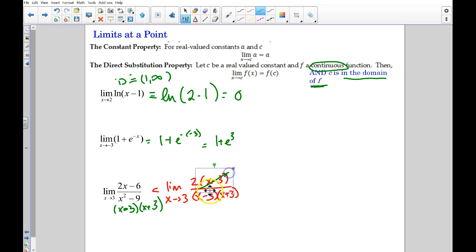The x minus 3's cancel, and this would be equal to the limit as x approaches 3 of 2 over x plus 3. Now I can work with this because I can put in 3. 3 is in the domain of this new function, and I would get 2 over 3 plus 3, which is 6, so 1/3.